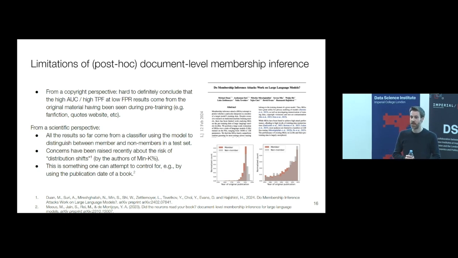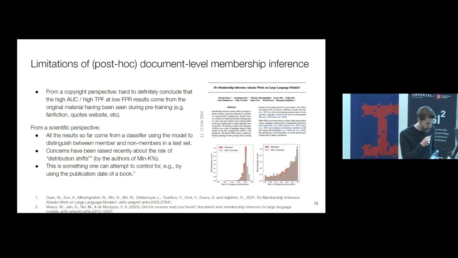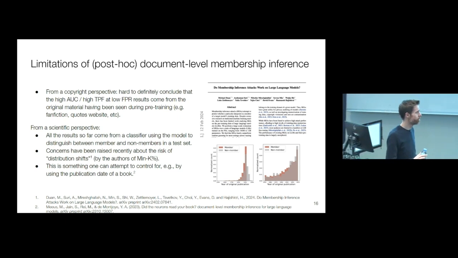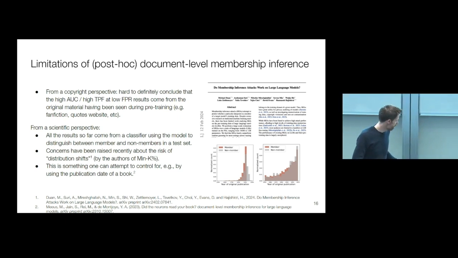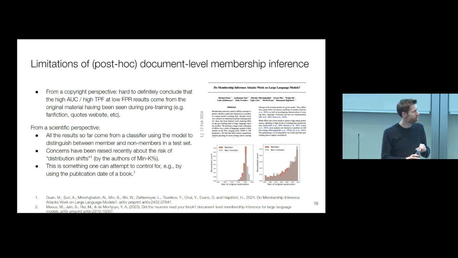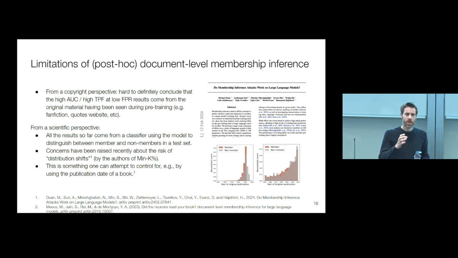So it would be really useful. The issue is, at this point, a year later, we do have some concerns about both the scientific validity and what a positive result would mean coming out of those methods.